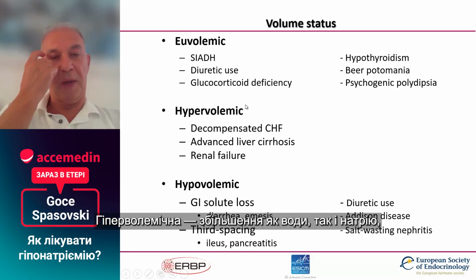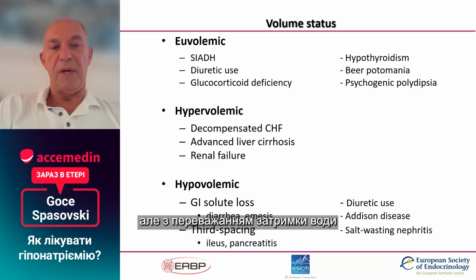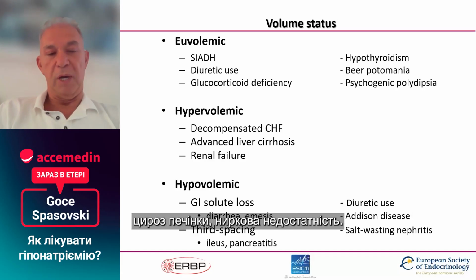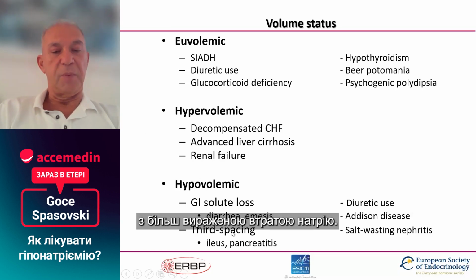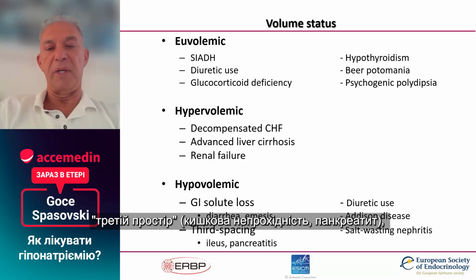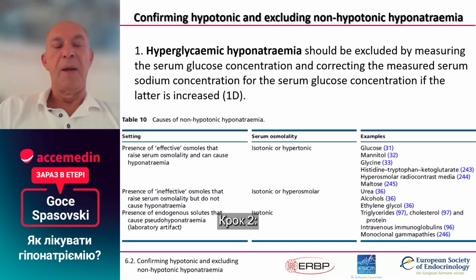Hypervolemic status we have in decompensated chronic heart failure, advanced liver cirrhosis, and renal failure, and hypovolemic we have in gastrointestinal fluid loss like diarrhea and emesis, third spacing water loss as in ileus and pancreatitis, and also with diuretic use, Addison's disease, and salt-wasting nephritis.